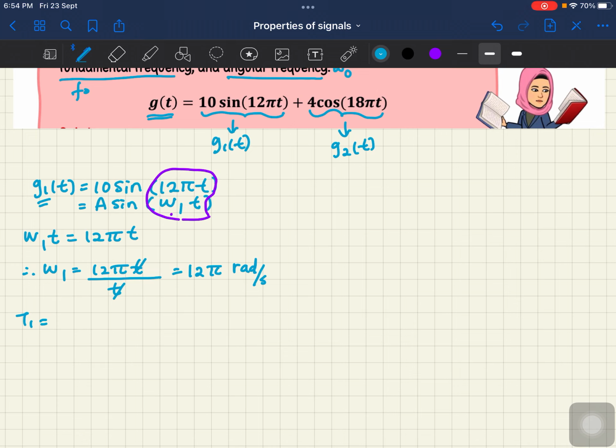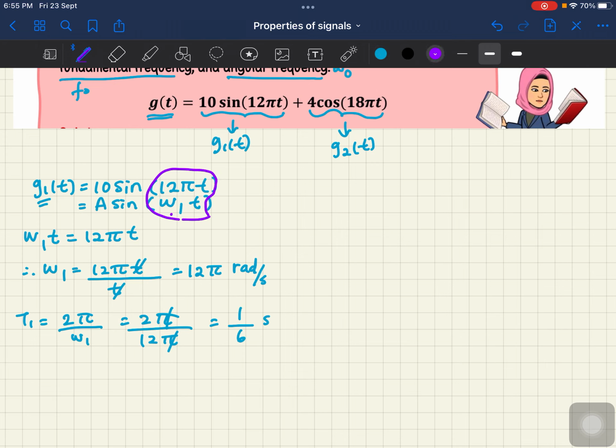We have the relationship between fundamental period and angular frequency: T1 equals 2 pi over omega 1. You can look at this equation in your handout, I believe on page 17. So here you get 2 pi over 12 pi, which is 1 over 6 second.